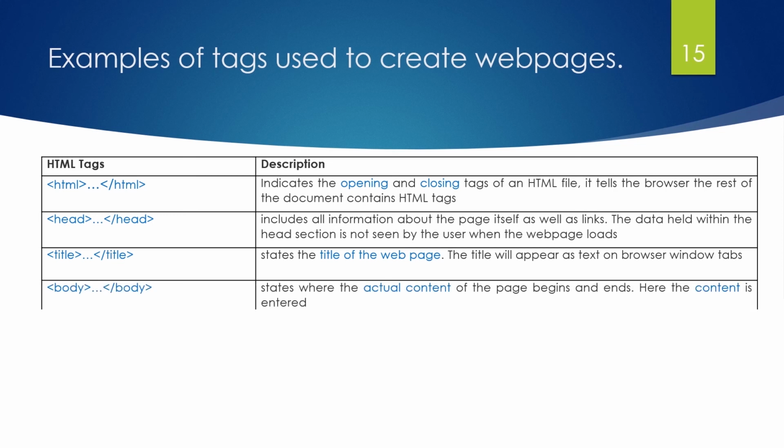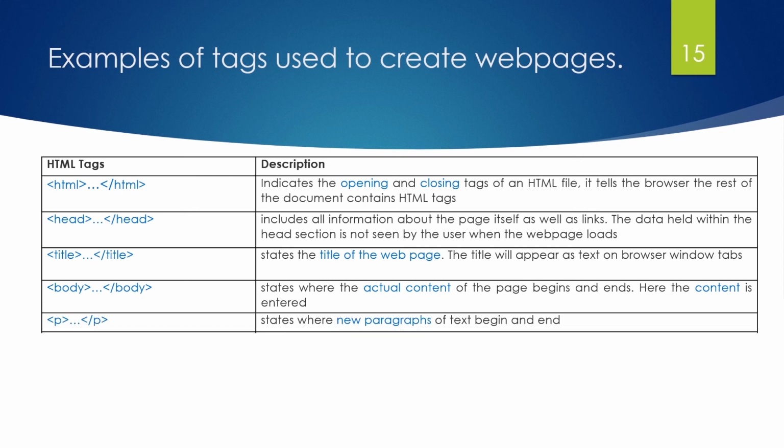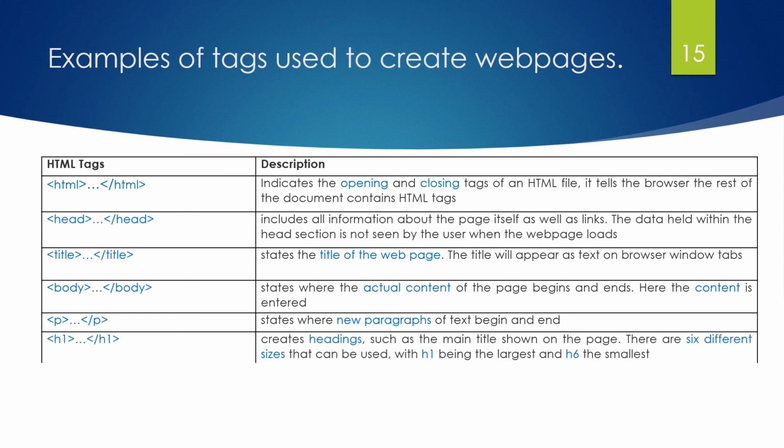We have the body, which states where the actual content of the page begins and ends, and here the content is entered. We have the P, which stands for paragraph, so it states where a new paragraph of text begins and ends. We have the header, that is, it creates headings such as the main title shown on the page.